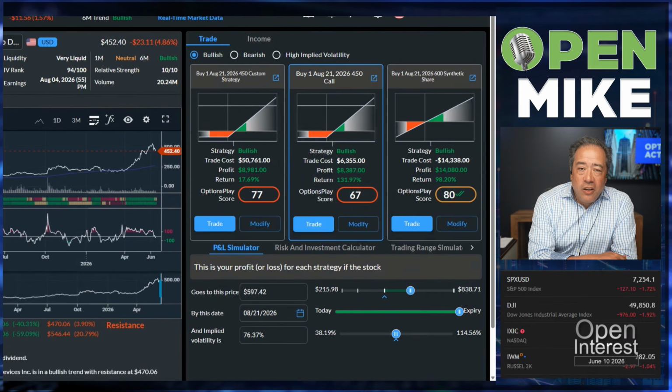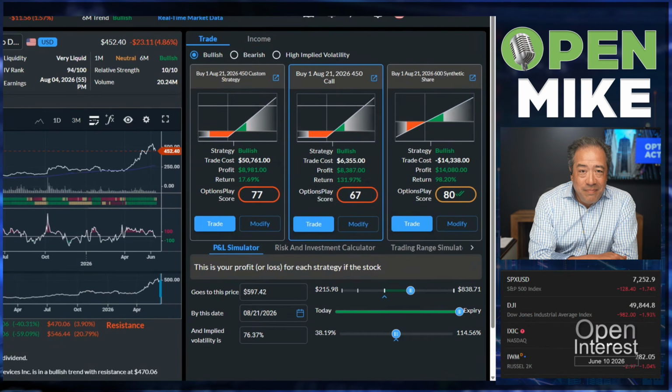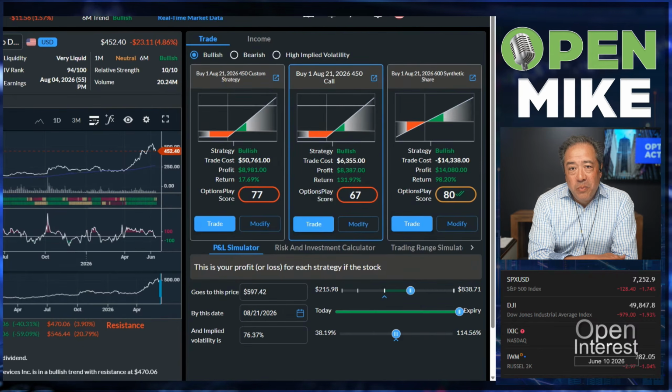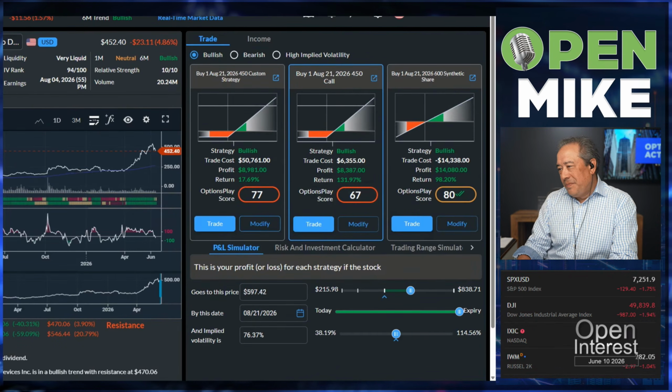You have collared stock. You also have a synthetic call spread. Those are the same. An in-the-money call spread and a collared stock position are the same thing. It is also a put spread. Don't believe me? I will show you.